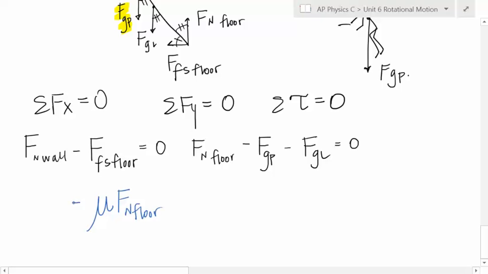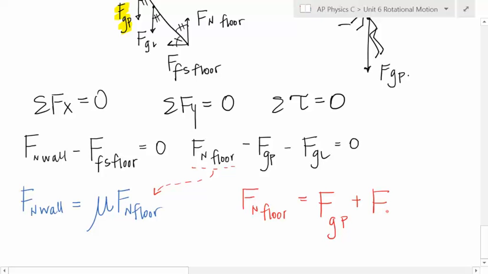And would that be equal to the force normal from the wall? Oh, look at this. Force normal floor. It looks like the force normal floor is equal to the weight of the person plus the weight of the ladder. Remember, weight is another way to say gravitational force.